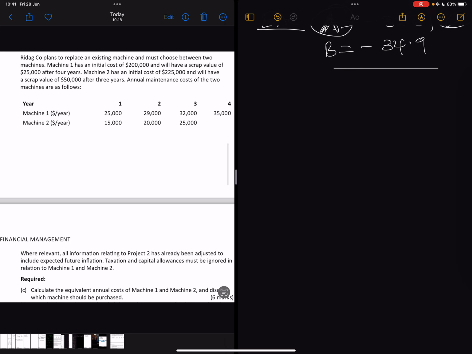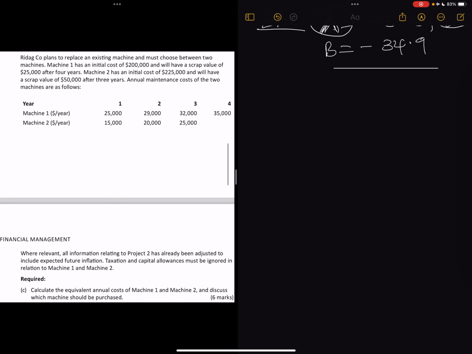Taxation and capital allowance must be ignored in relation to machine 1 and machine 2, which makes it very straightforward. We've been asked to ignore taxes, so we just need to focus strictly on the net present value of machine 1 and machine 2, taking into consideration all of this cost information.